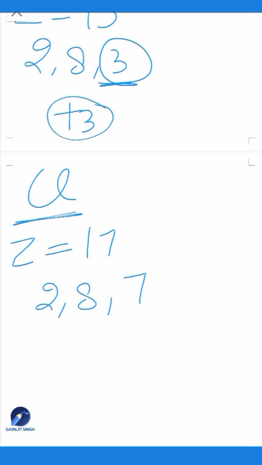So it is easy for the chlorine atom to gain 1 electron instead of losing 7 electrons, because losing needs extra energy. That is why chlorine gains 1 electron to fulfill its octet, so chlorine has valency 1, that is, -1.